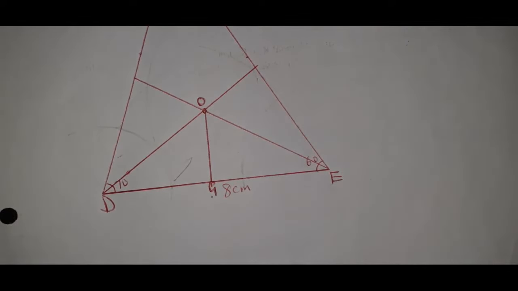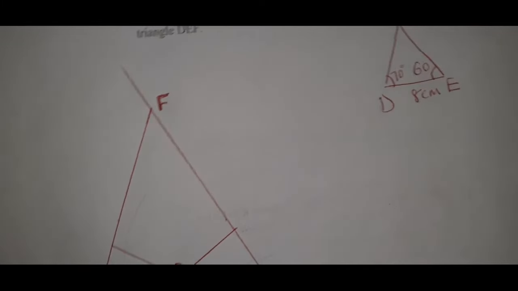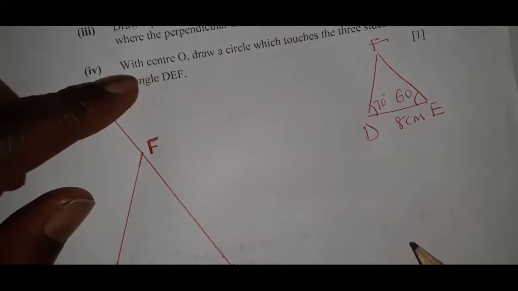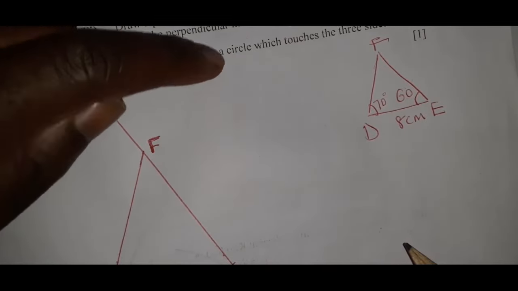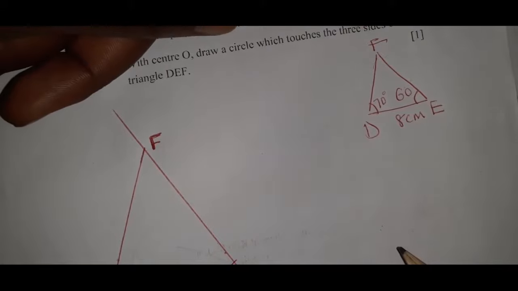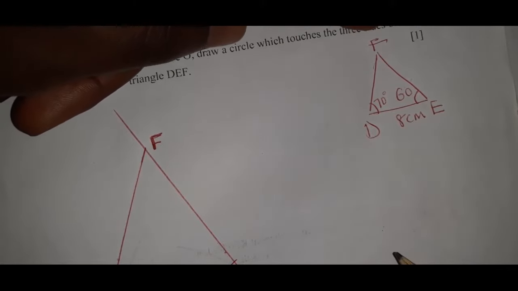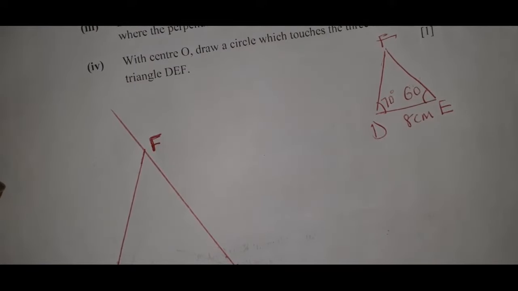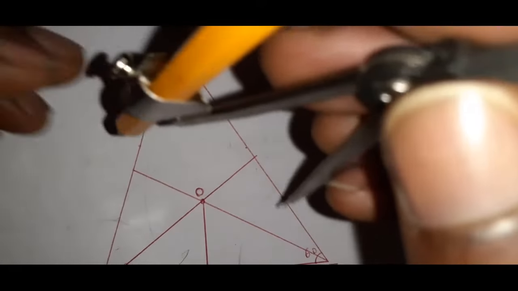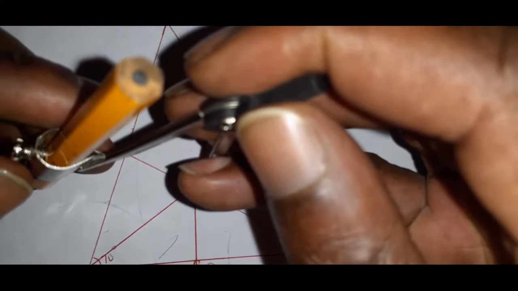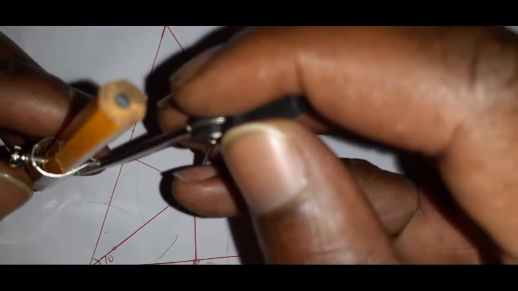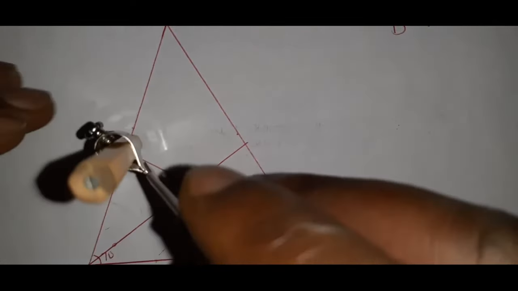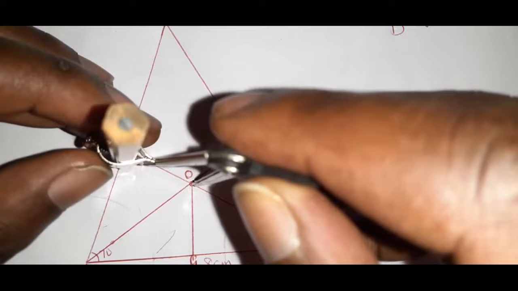Okay. Then with the center O, draw a circle which touches the three sides of the triangle, with this as a center here. So we're going to draw a circle here which touches the sides.